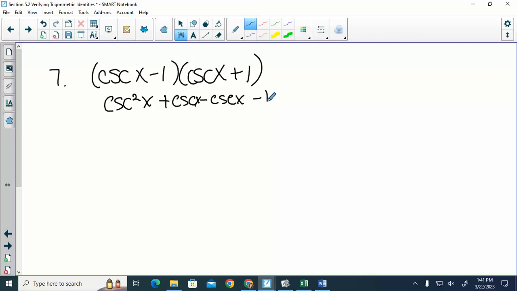So now what happens? Those cancel out. Cosecant squared x minus 1 equals cotangent squared. Yep, from the Pythagorean identities, we had 1 plus cotangent squared equals cosecant squared. So cosecant squared x minus 1 is cotangent squared x. All right.